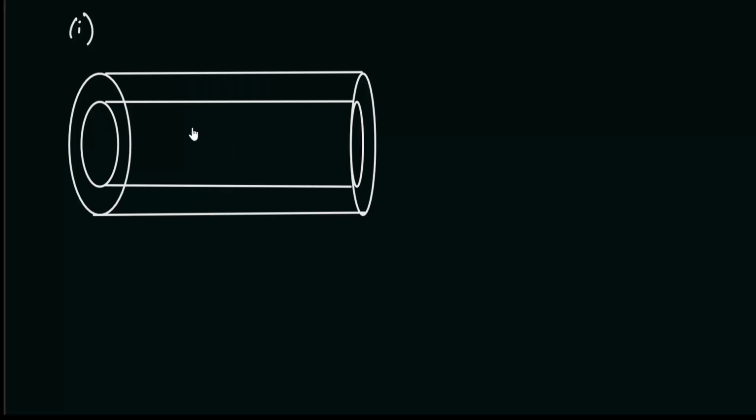In the first case, we are asked to find the electric field in a region inside the inner cylinder, that is, inside the cylinder of radius A. So let us say we want to find the electric field at this point. So we draw a Gaussian cylinder passing through this point.